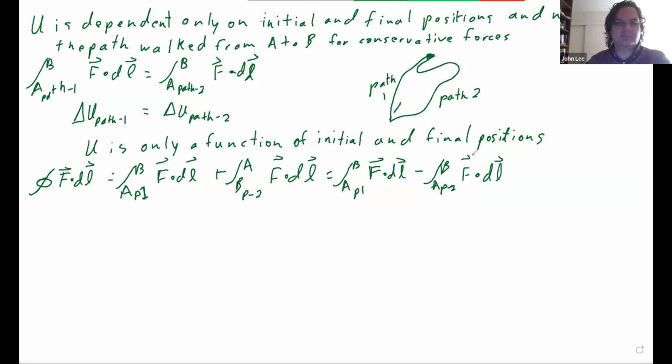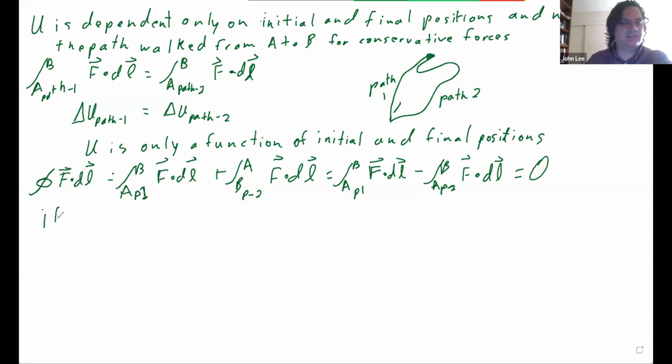So this is just equal to the integral from a to b along path 1 of F dot dl minus the integral from a to b along path 2 of F dot dl, which is equal to 0. So that's a good way to test whether or not a force is conservative. But forces are not always conservative.